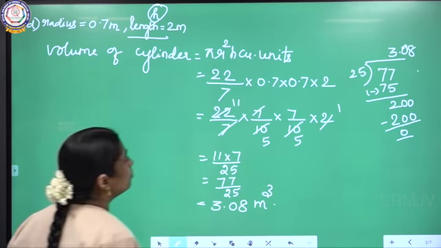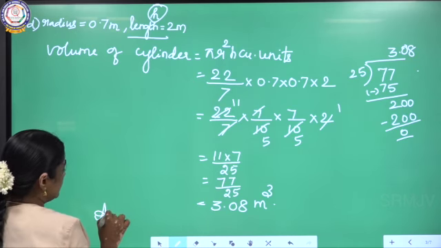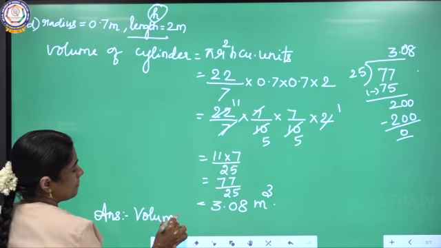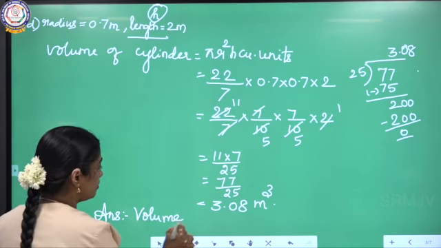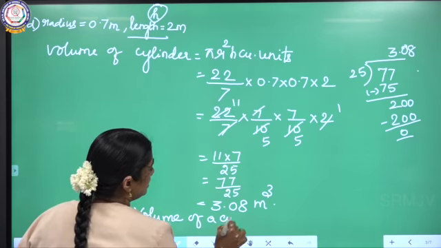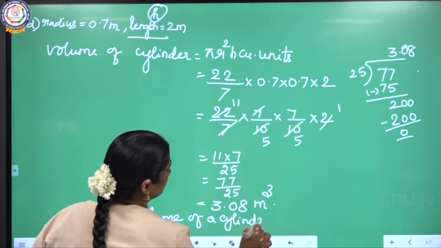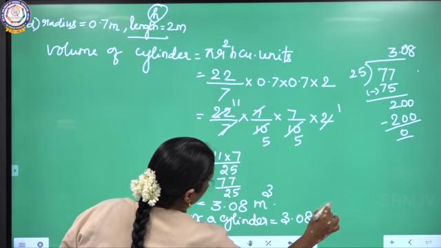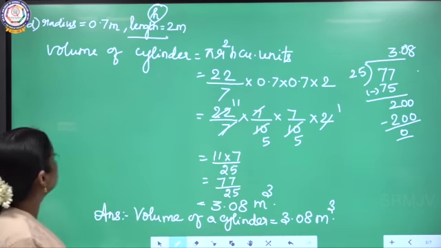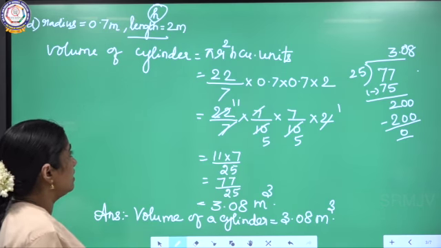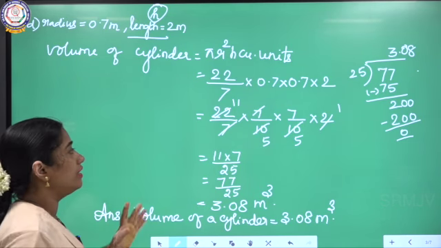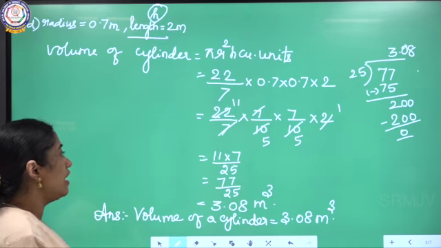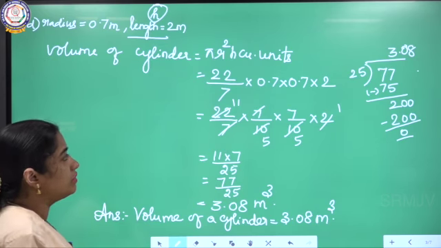Meter cube. Now listen, the answer. Volume of a cylinder is equal to 3.08 meter cube. Can you clear this, children? Okay, the decimal I have written as a fraction, and I can cancel the numerator and denominator. After cancelling, I am dividing.